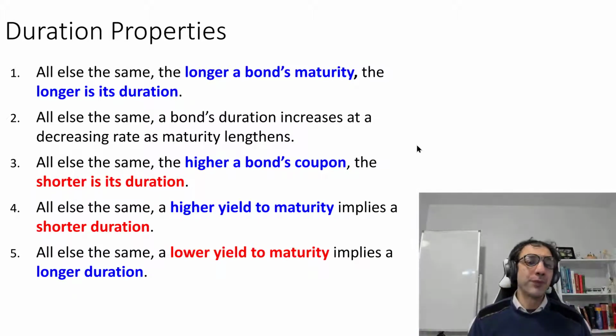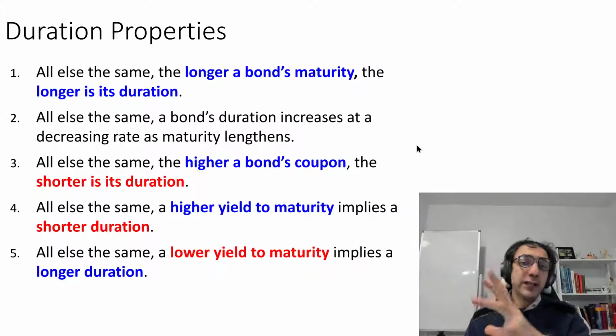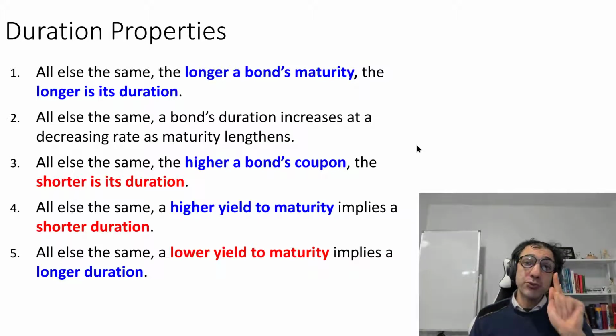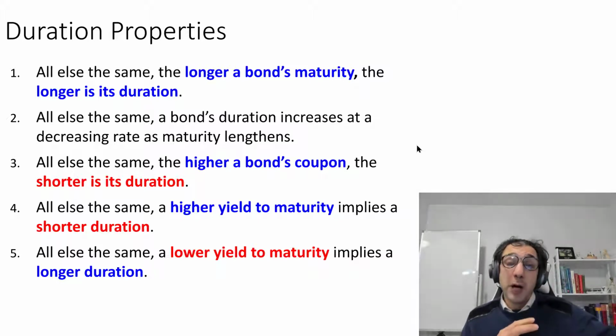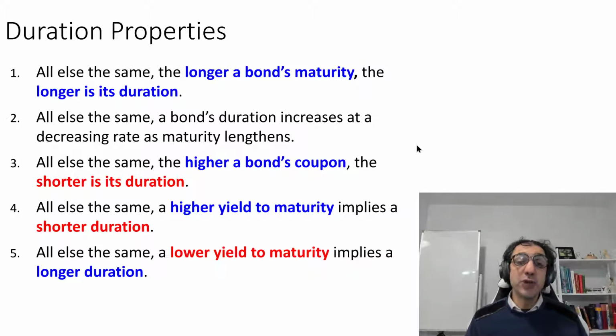And again, if we assume all other factors are constant, a bond's duration increases at a decreasing rate as the maturity lengthens. So as the maturity is becoming longer, duration is also going up, however, at a decreasing rate.